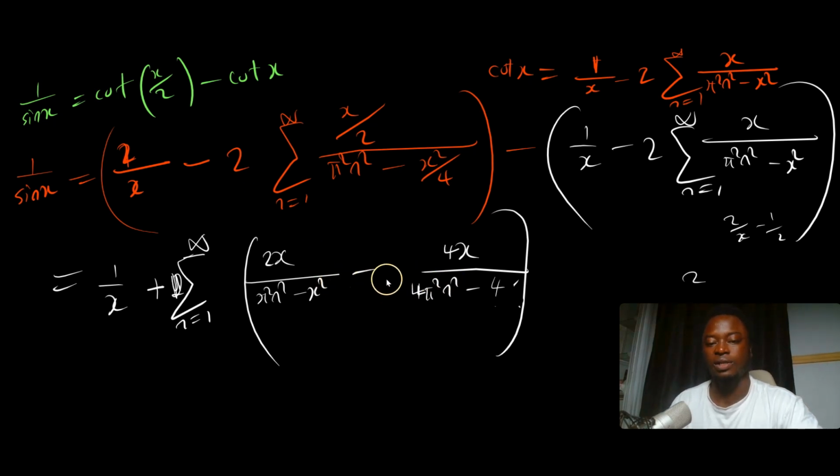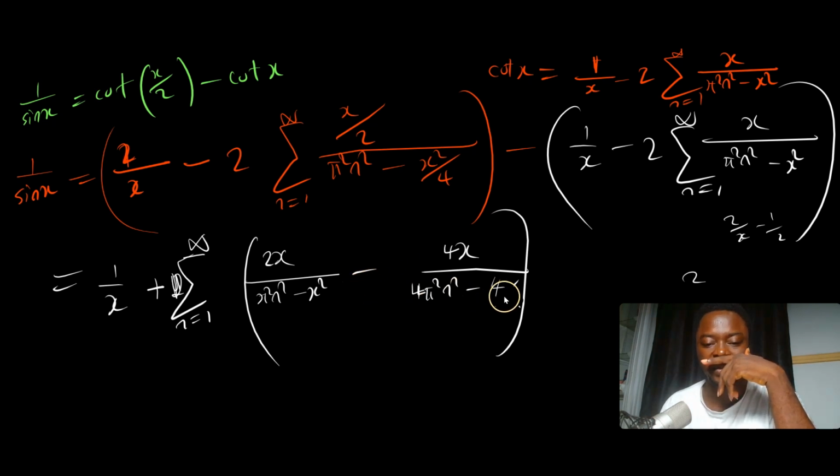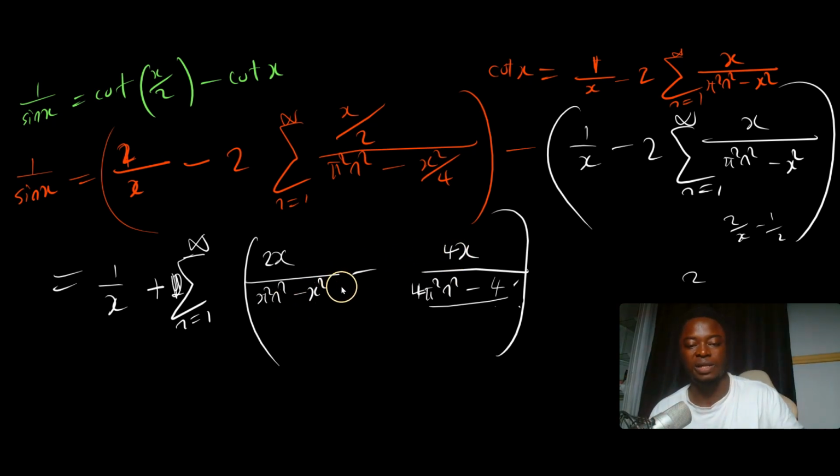So now all that we need to do is to collect like terms. All of this is going to multiply this, and all of this is going to multiply this. After we simplify the top, we obtain a neater denominator.